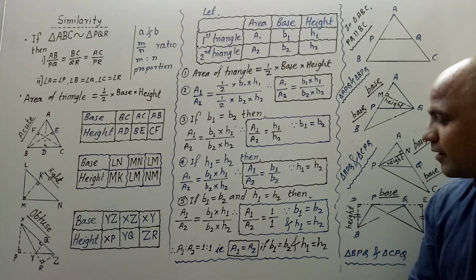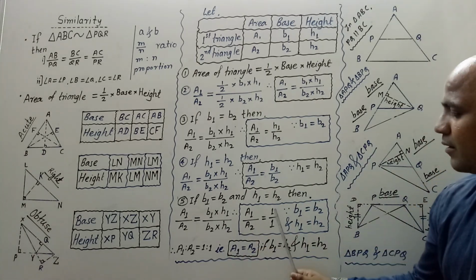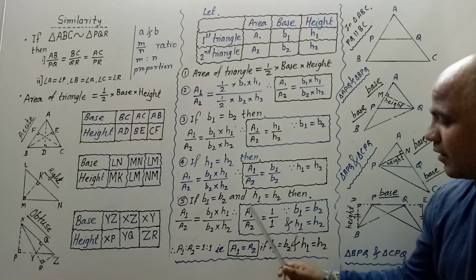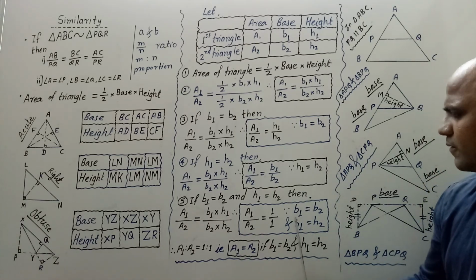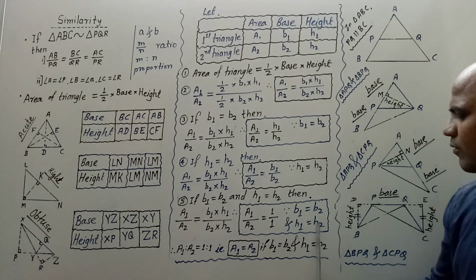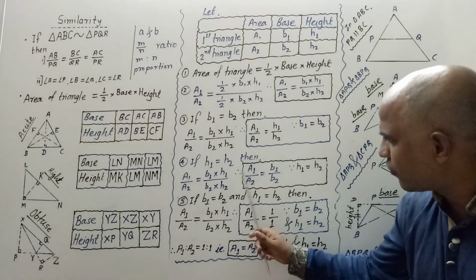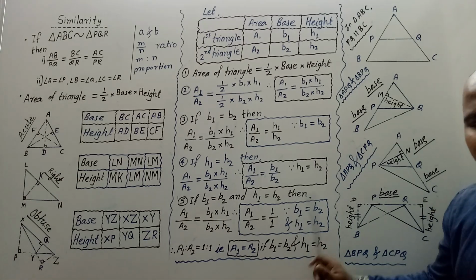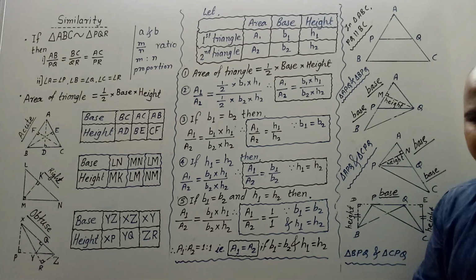What is remaining? If we divide any number by the same number, then what happens? The answer is 1. Means A1 upon A2 is equal to 1 upon 1. B1 equals B2 and H1 equals H2. What is the meaning of this? This is the therefore sign, and this is the since sign, meaning because.